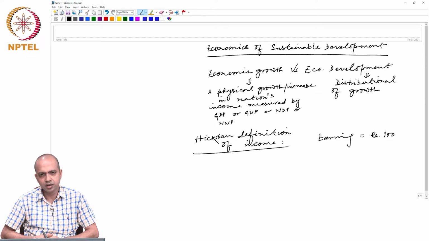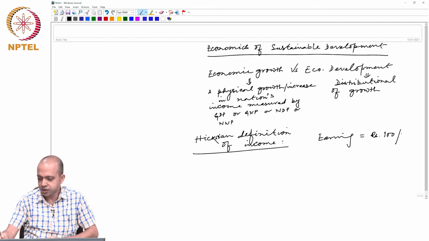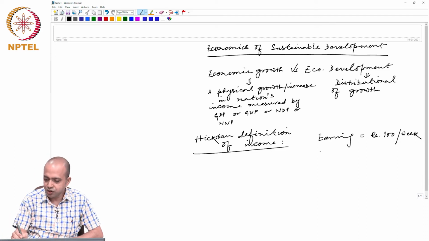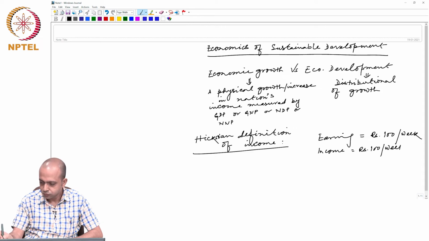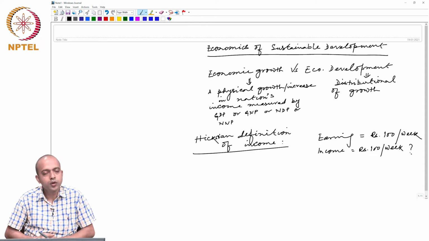Can we say that that individual's income is also 100 rupees per week?